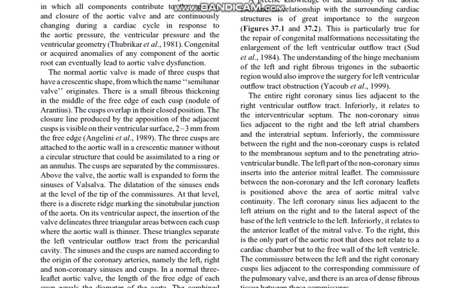Inferiorly, the commissure between the right and non-coronary cusps is related to the membranous septum and to the penetrating atrioventricular bundle. The left part of the non-coronary sinus inserts into the anterior mitral leaflet. The commissure between the non-coronary and the left coronary leaflets is positioned above the area of aortic-mitral valve continuity.